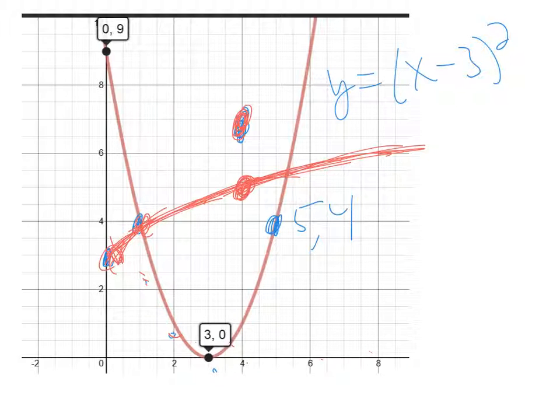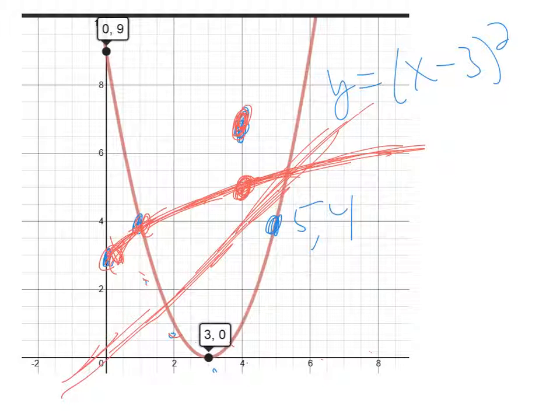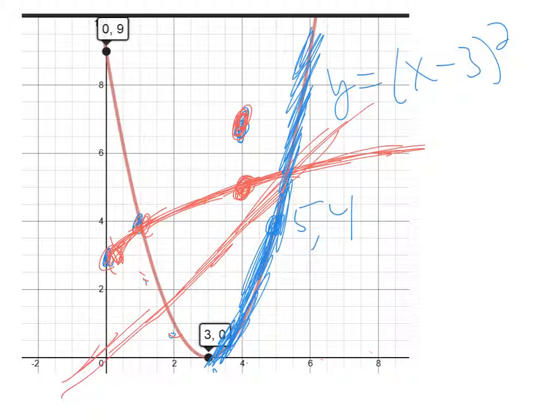And that's going to get reflected around the line y equals x. And I'm only going to look at this part here. Let me get some blue ink. I'm only going to look at this part, because if I look at my mirror image, that's the part that's getting reflected, right?